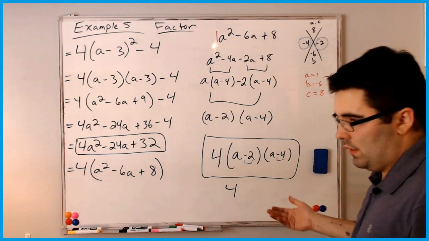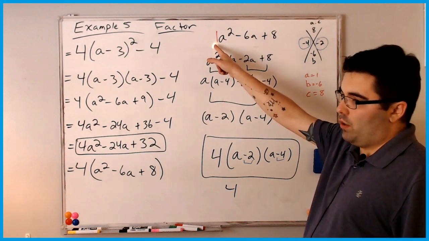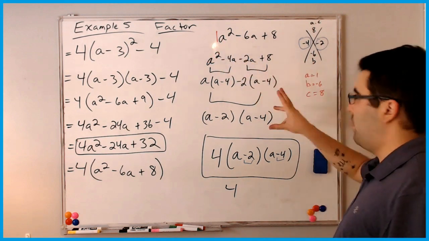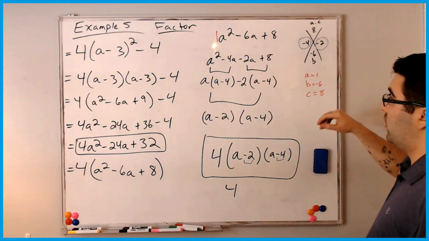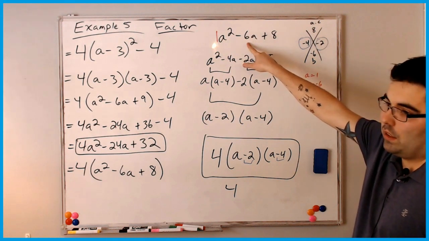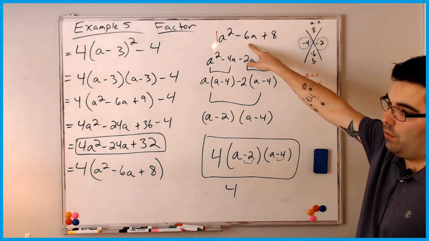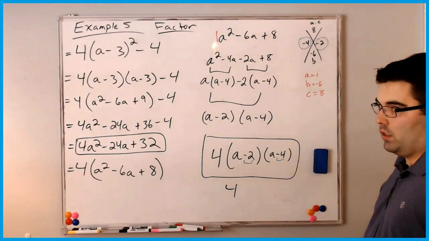It just makes it easy because that first number is 1. It's simpler. You can just ask yourself, what two numbers multiply to give me 8, but add to give me negative 6? And if you come up with negative 4 and negative 2, you can jump straight to the answer. It's technically a shortcut.